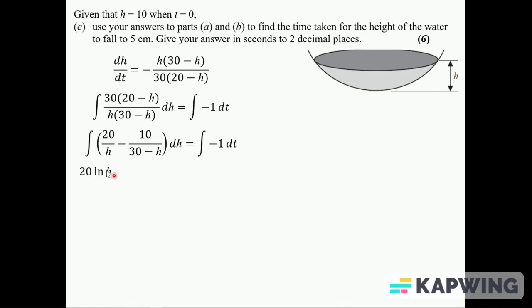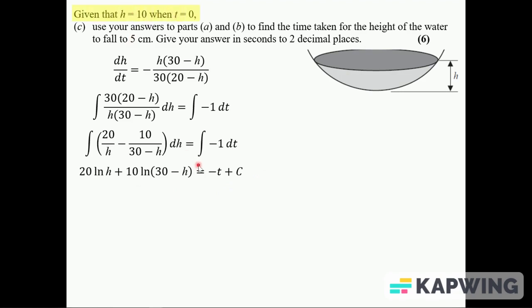And then I can do the integration. This is 20 ln h. This one, it's going to be plus 10 ln of 30 minus h, because if I differentiate this, I will get that minus just there. And over here, I've just got minus t. And don't forget plus c on one side when you're doing differential equations.